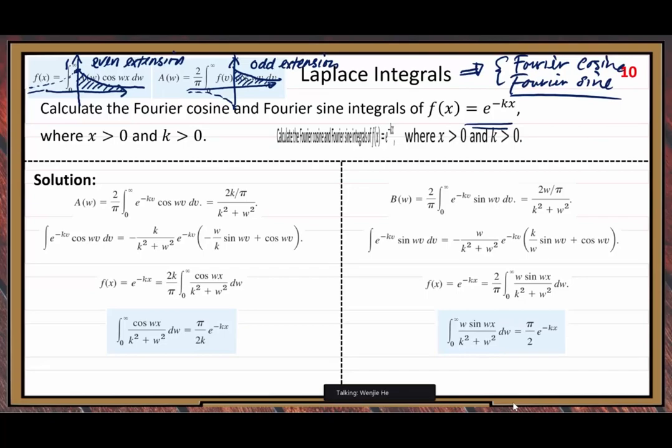So don't worry, the general functions may not be even functions, odd functions. This tells us the Fourier cosine and sine integrals actually can be applied in most of the cases.